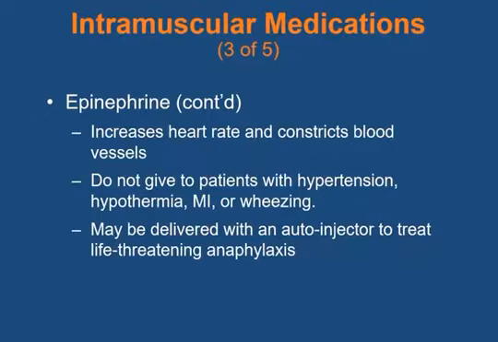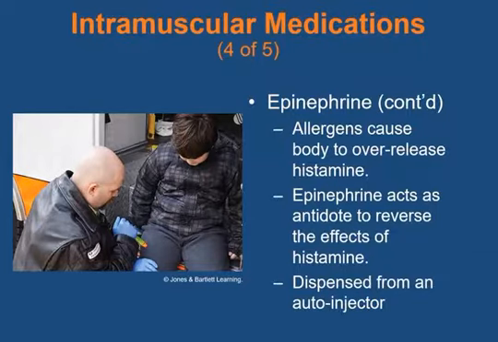Administering epinephrine by injection, which is permitted in some states, is used to treat life-threatening anaphylaxis. Life-threatening anaphylaxis can come from insect venoms or other allergens that cause the body to over-release histamine.